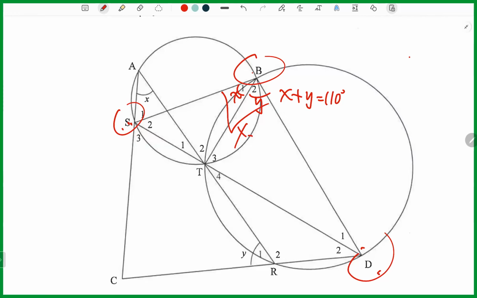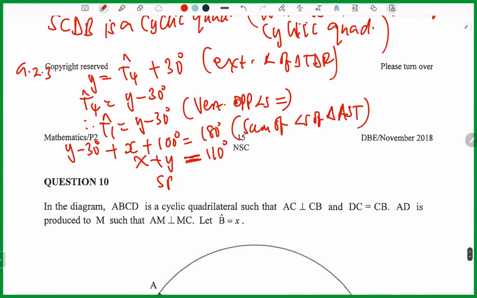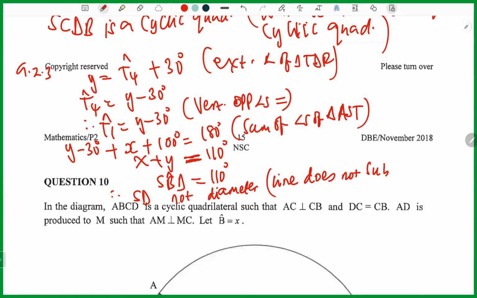This means SBD is 110 degrees. The conclusion, therefore, is that SD is not a diameter. The line does not subtend a 90-degree angle.